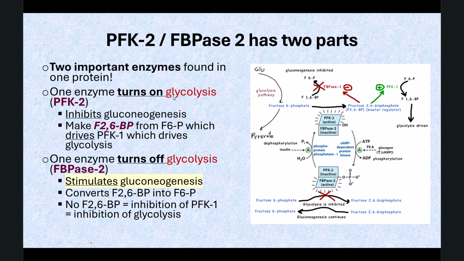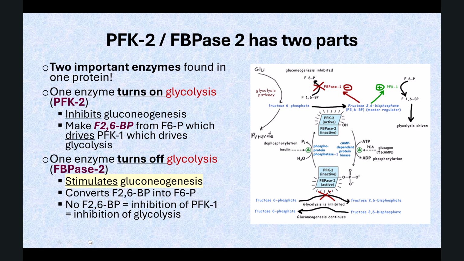So in glycolysis, one enzyme turns off glycolysis. The little lines mean the enzyme is active. So FBPase2, if it is activated by being phosphorylated, will stimulate gluconeogenesis. How come?